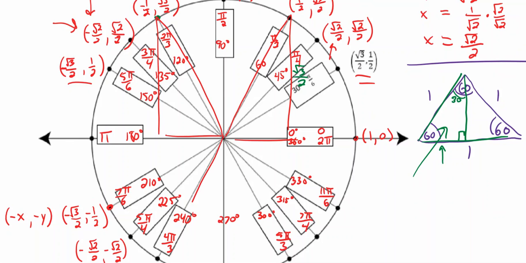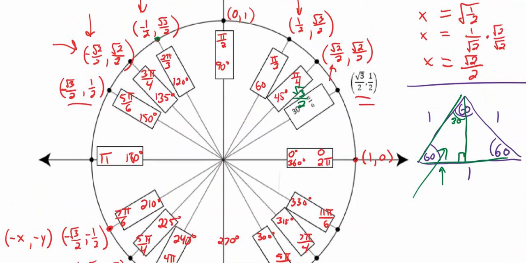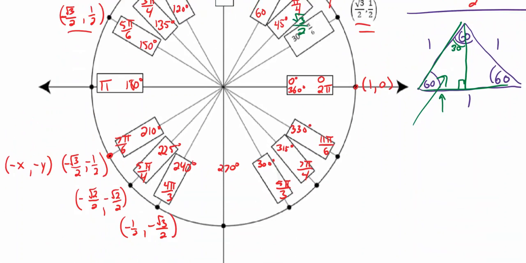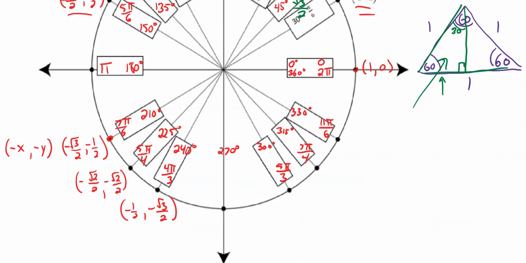It's just happening down here now. The same value for x and y, just got to be careful with our negatives. So that'll be our negative a half, comma, negative root 3 over 2. Just the opposite of that one. And then on the bottom here, this is going to be the point 0, comma, negative 1.